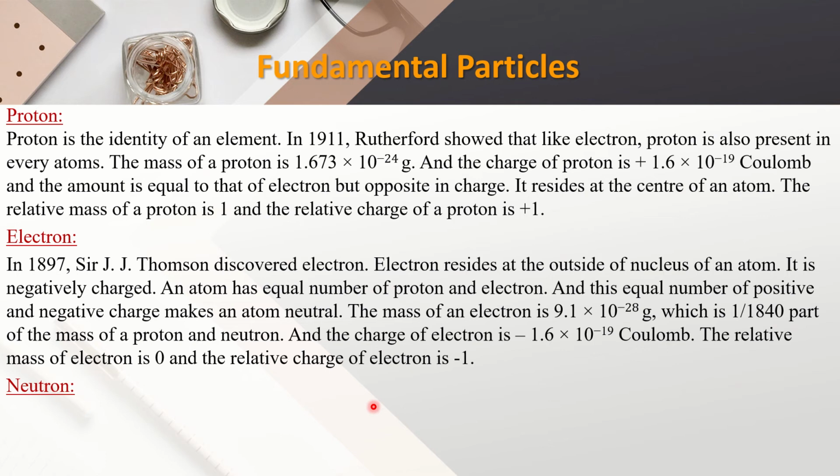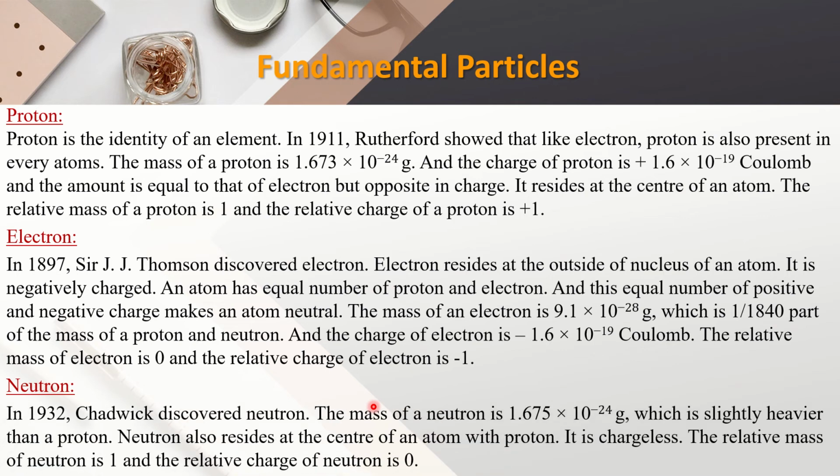And neutron, you know, it is the neutral part inside of an atom. In 1932, Chadwick discovered neutron. The mass of a neutron is 1.675 × 10^-24 gram, which is slightly heavier than a proton. Neutron also resides at the center of an atom with proton and it is chargeless.